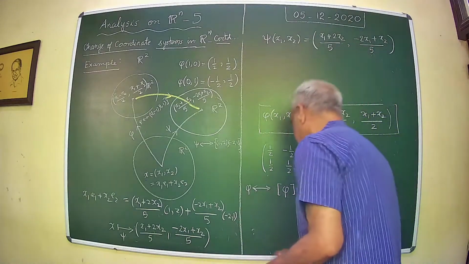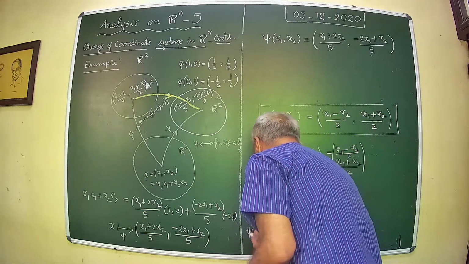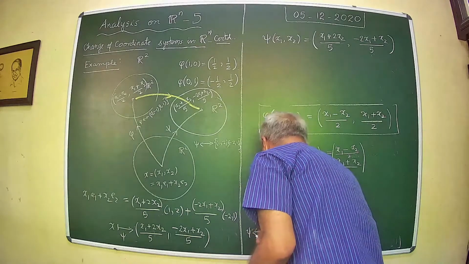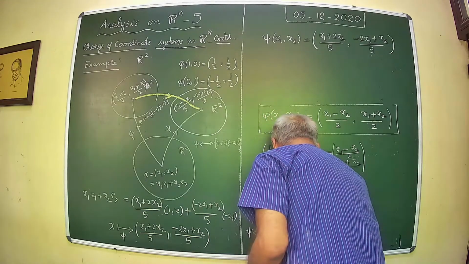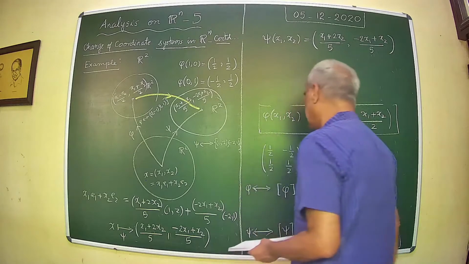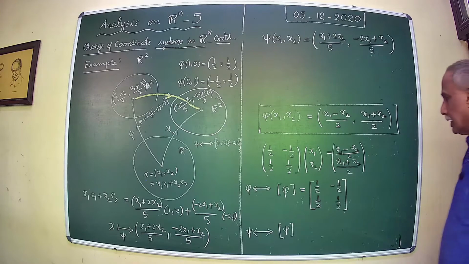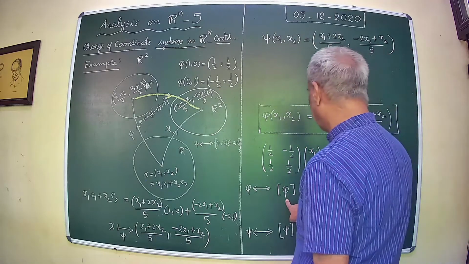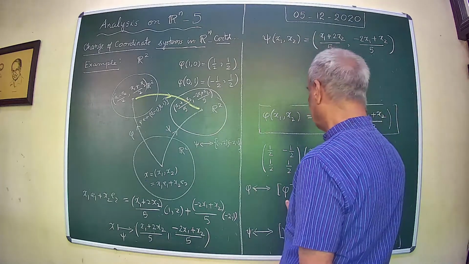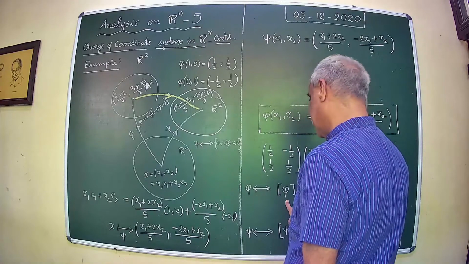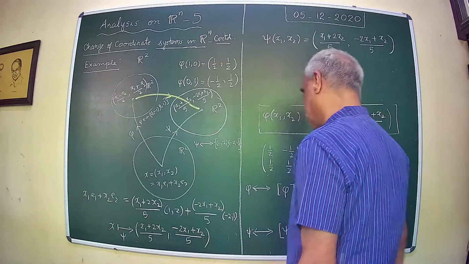Psi is identified with a 2 by 2 matrix through a multiplication operation. The action of the map on the vector corresponds to multiplication of the 2 by 2 matrix on the column vector (x1, x2).